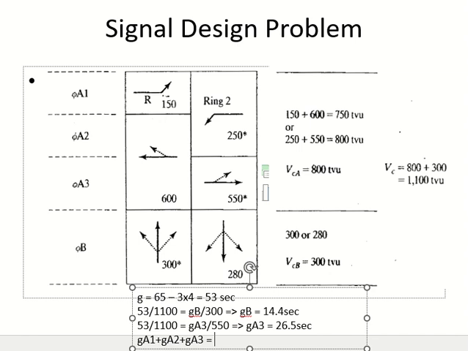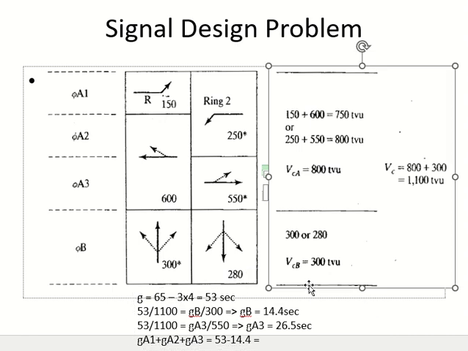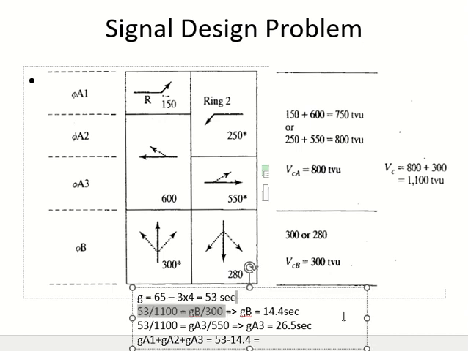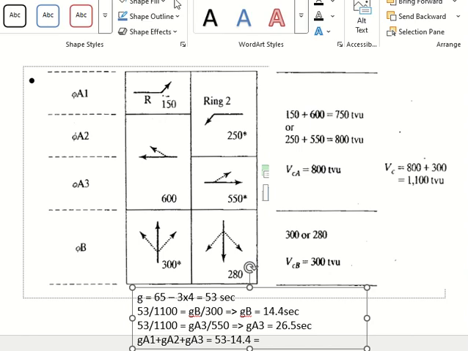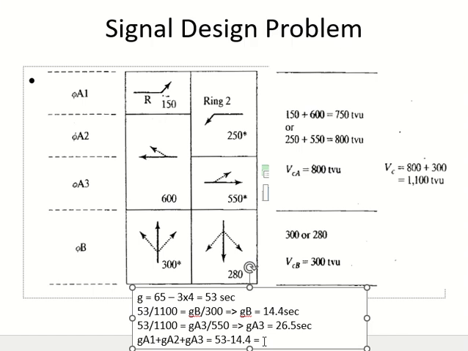How much is this? 53 minus 14.4 is 38.6. This is my total time.